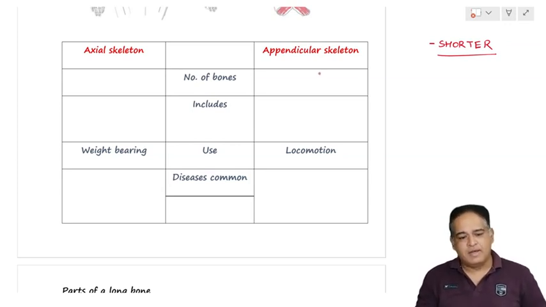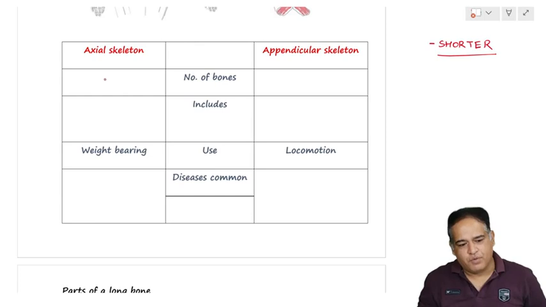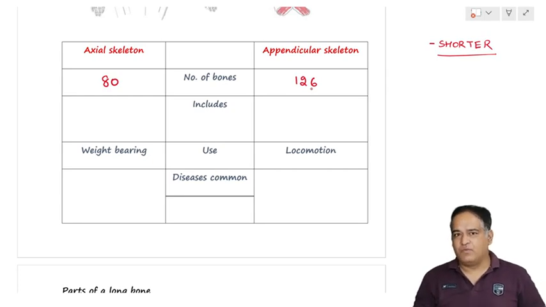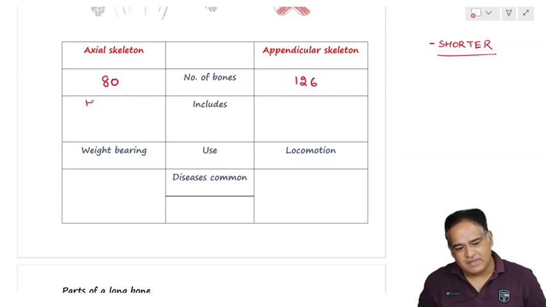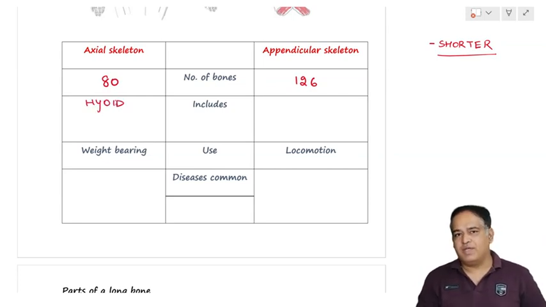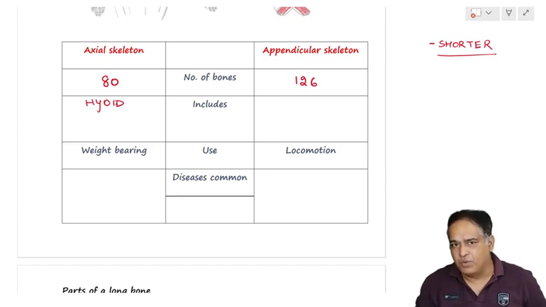Right, now the number of bones in the axial skeleton are around 180. The appendicular skeleton has 126. Now, axial skeleton bones include the hyoid bone, right?